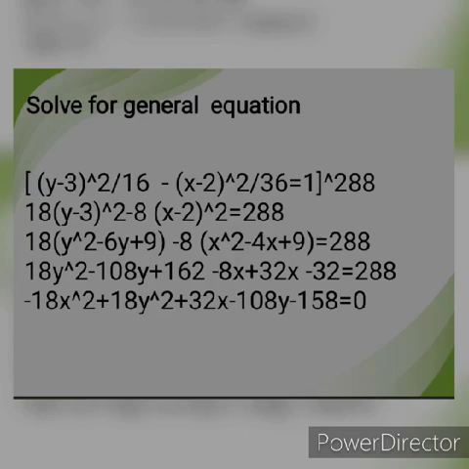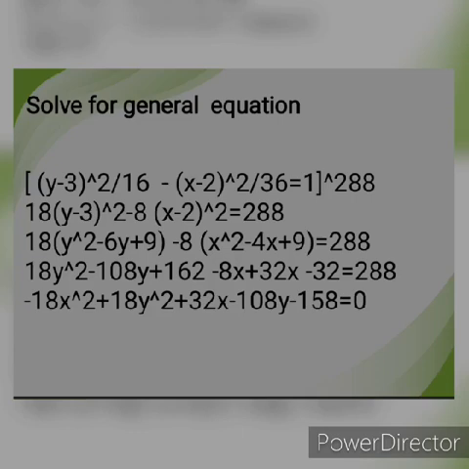So we come up with 18 times (y squared minus 6y plus 9) minus 8 times (x squared minus 4x plus 4) is equal to 288. After that, we're going to evaluate that one. So we come up with 18y squared minus 108y plus 162 minus 8x squared plus 32x minus 32 is equal to 288.